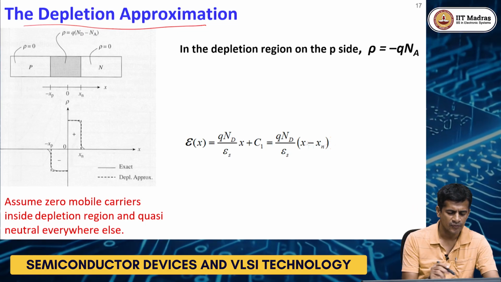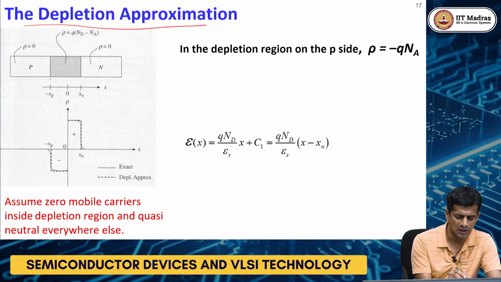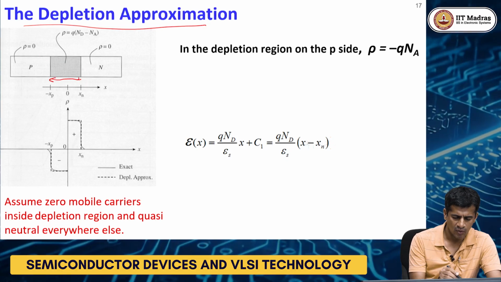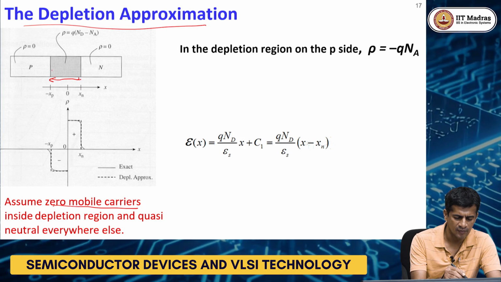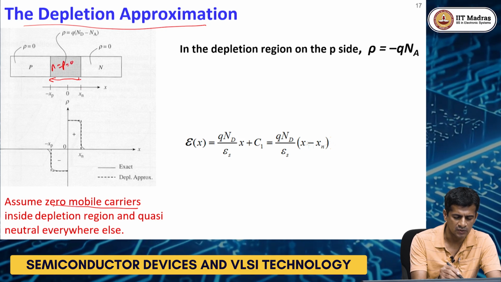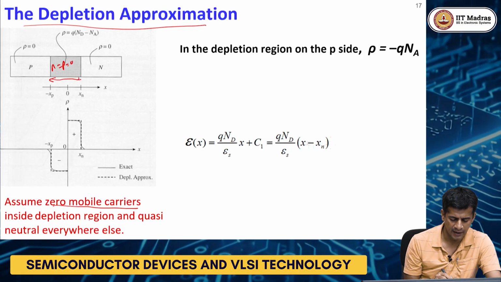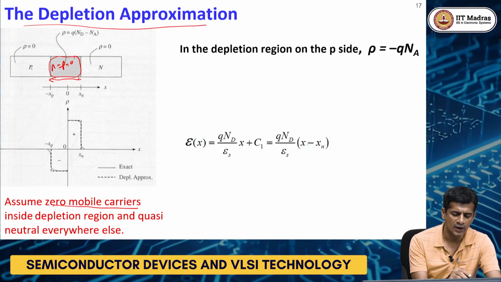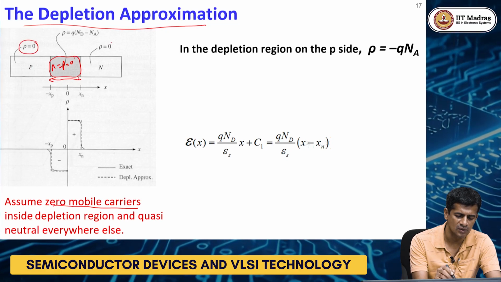It says that in the depletion region you assume zero mobile carriers, that is, n equals p equals 0, the electron and hole carrier concentrations. So there you have only ionized impurities. And outside the depletion region, the net space charge density is 0.